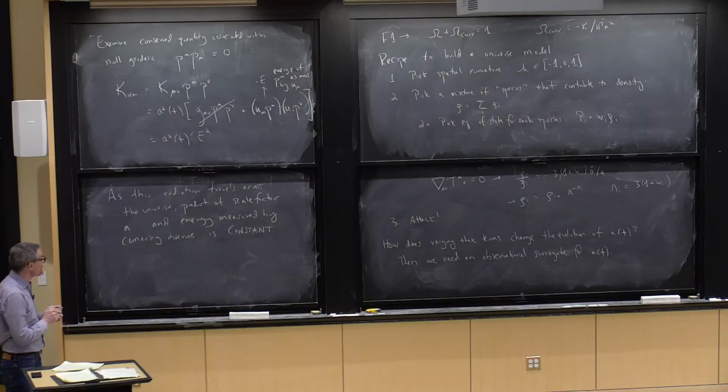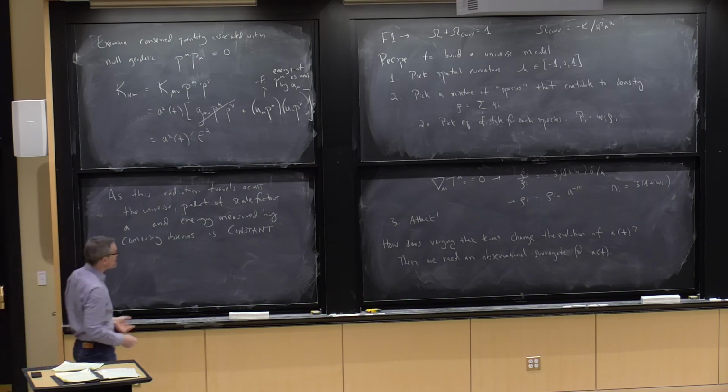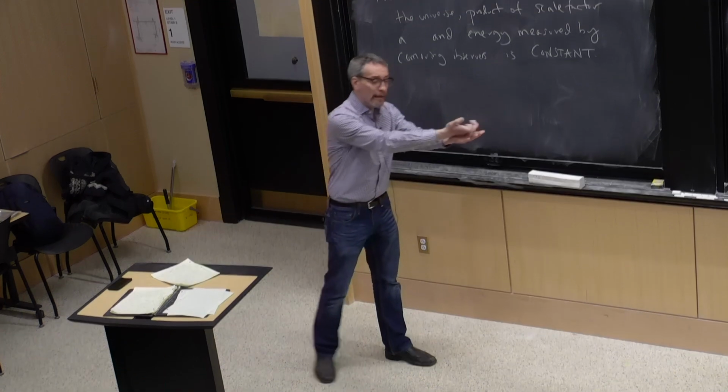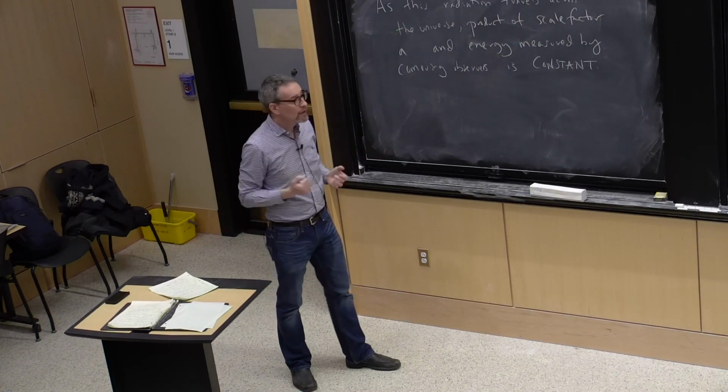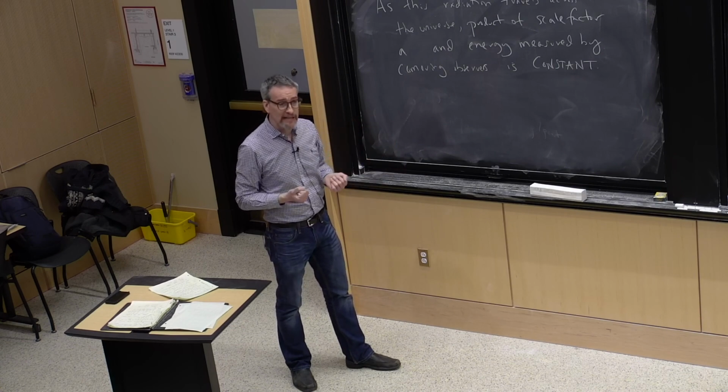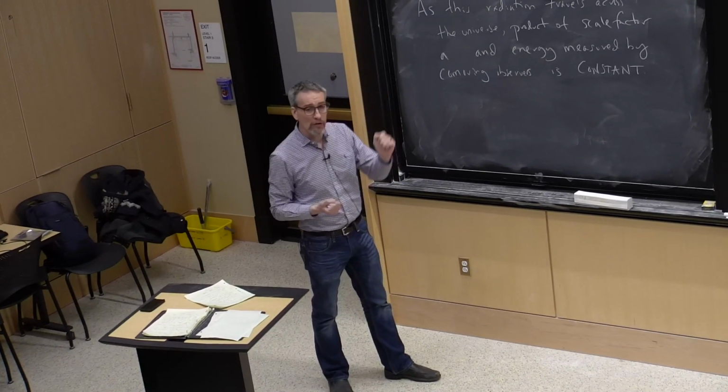So this is telling us that the energy, as measured by a co-moving observer, let's say it is emitted at some time where the scale factor is A. When it propagates to us, we define our scale factor as 1. The energy will have fallen down by a factor of 1 over A.